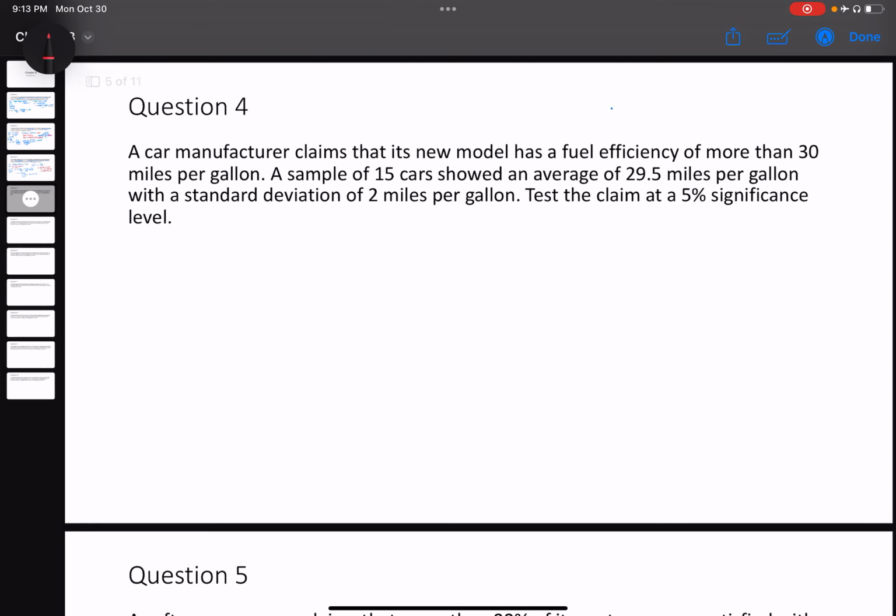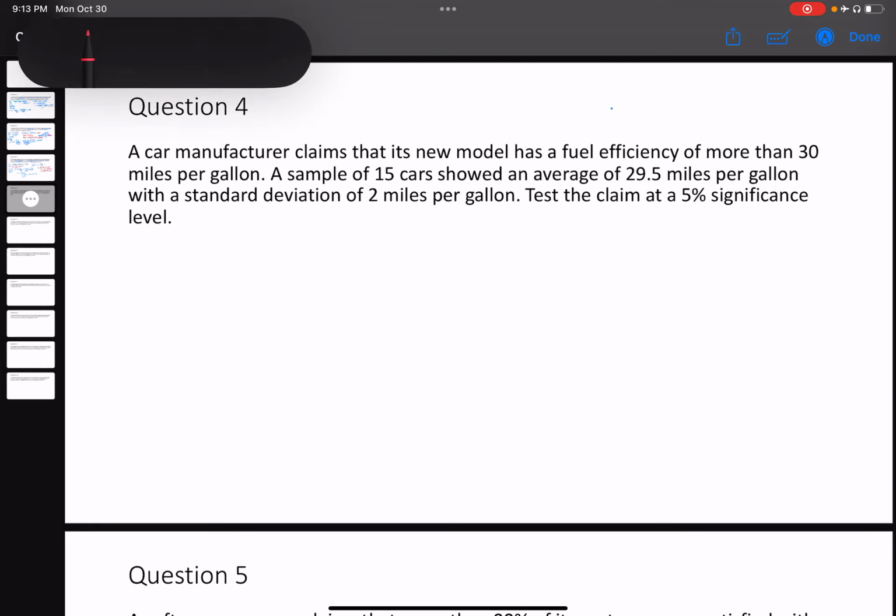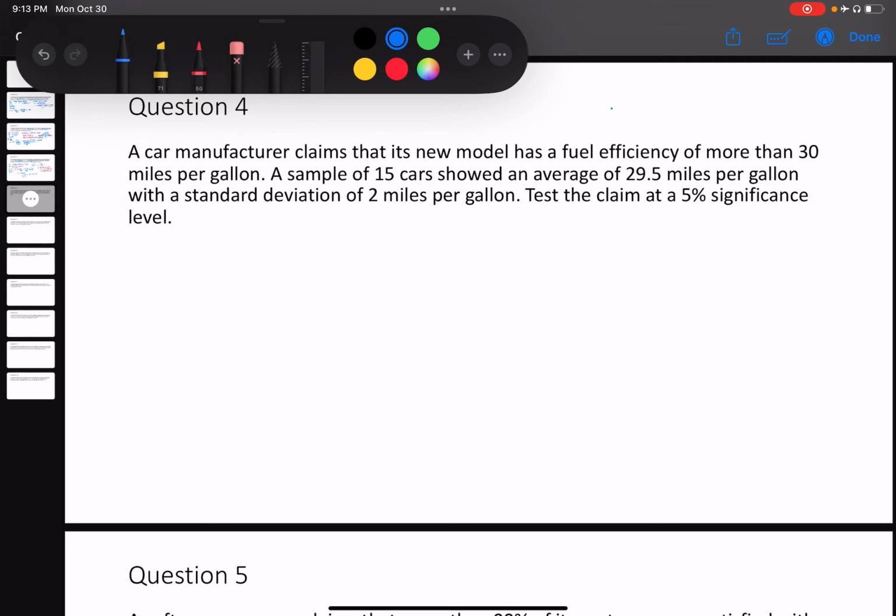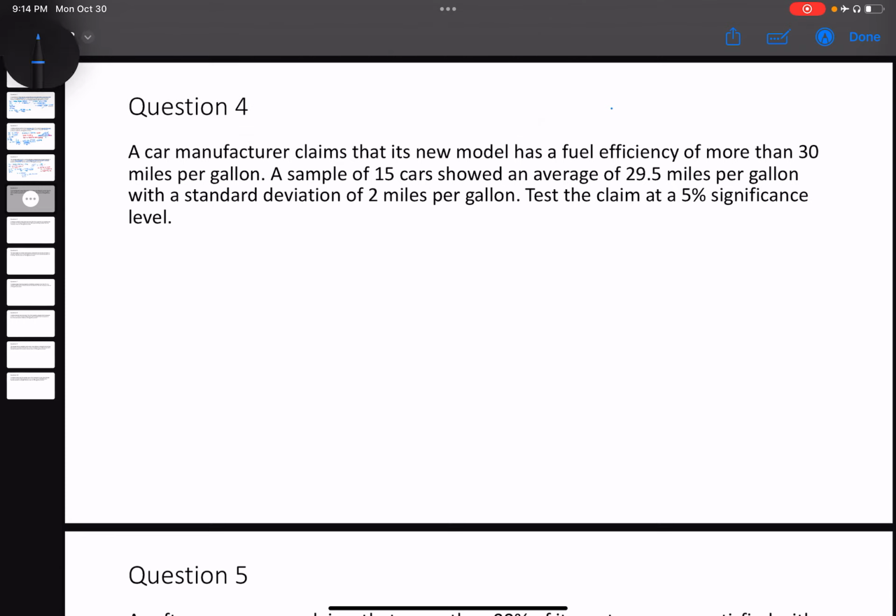Question 4. A car manufacturer claims that its new model has a fuel efficiency of more than 30 miles per gallon. A sample of 15 cars showed an average of 29.5 miles per gallon with a standard deviation of 2 miles per gallon. Test the claim at 5% significance level.